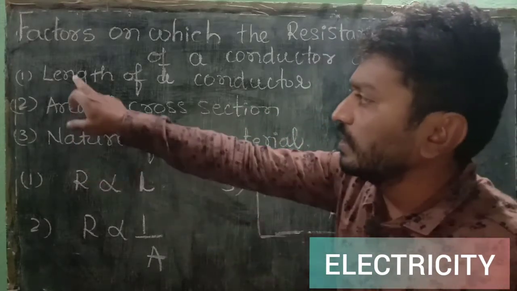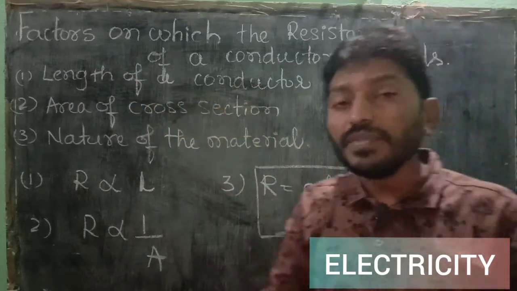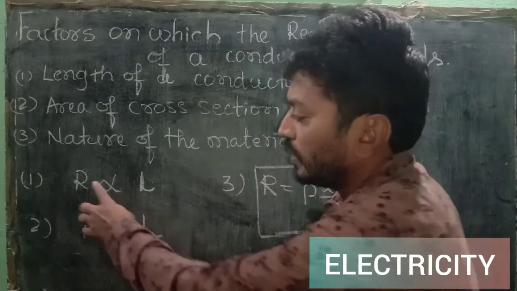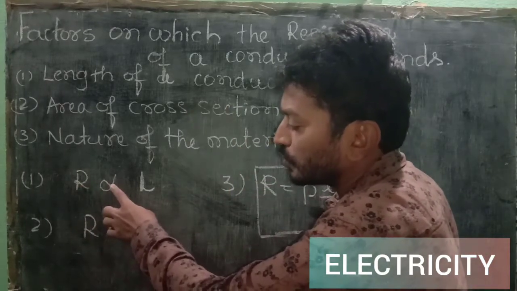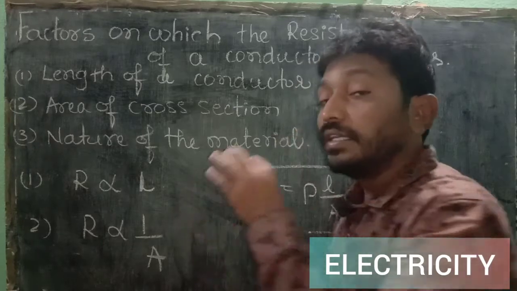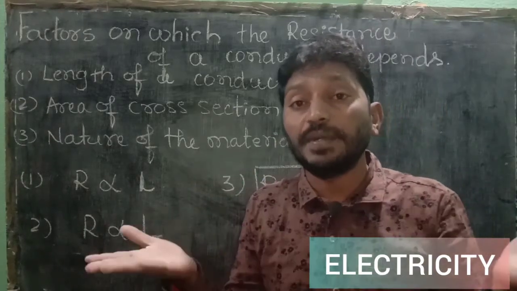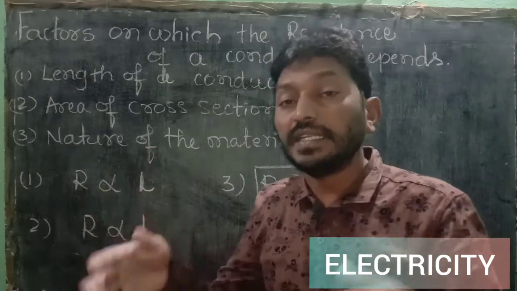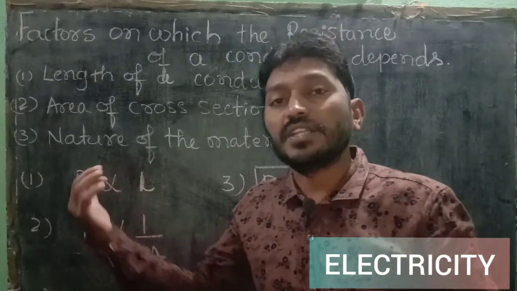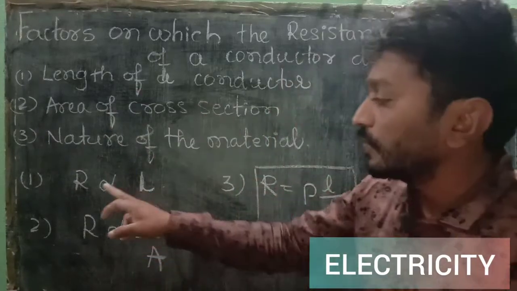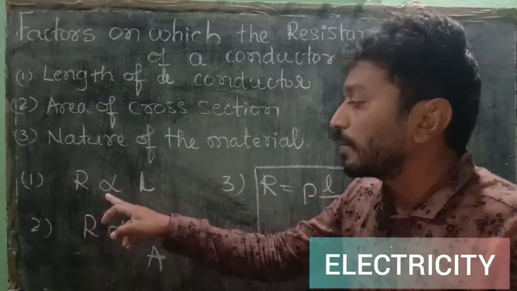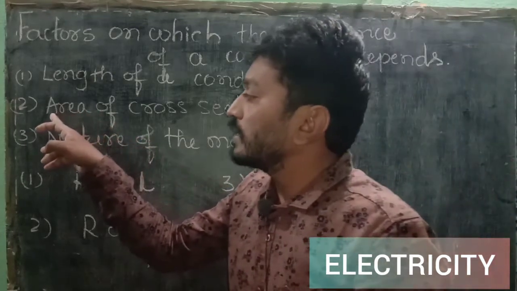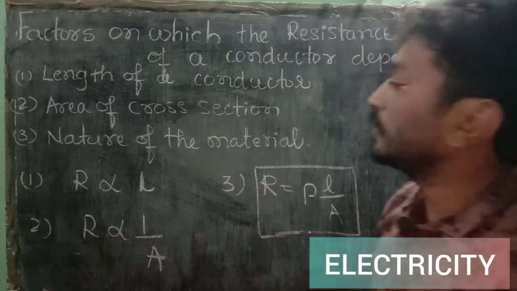What about the length of the conductor? The resistance is directly proportional to the length of the conductor. If the length of the conductor is doubled, resistance is also doubled. If the length of the conductor is halved, resistance is also halved. Therefore resistance is directly proportional to the length of the conductor. The second factor is the area of cross section.